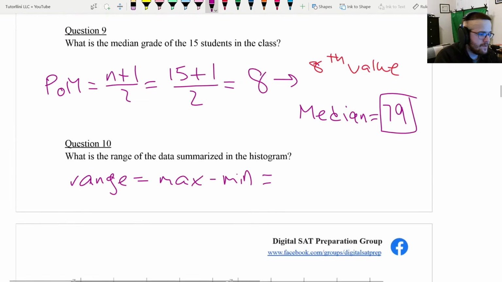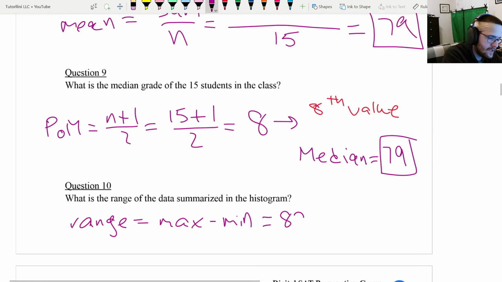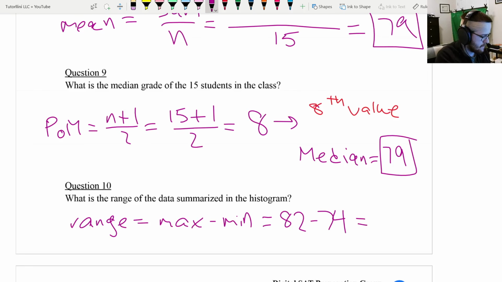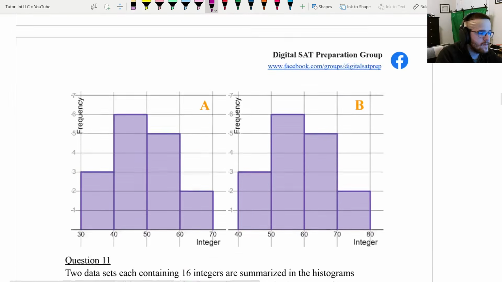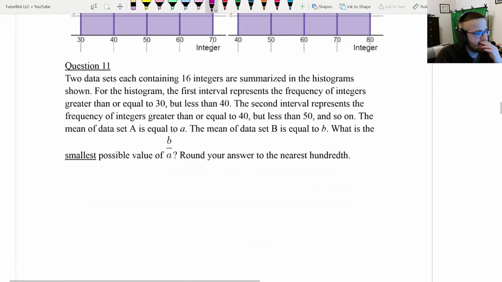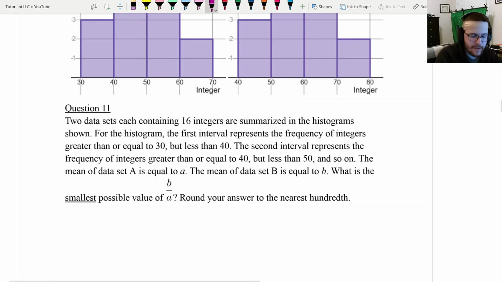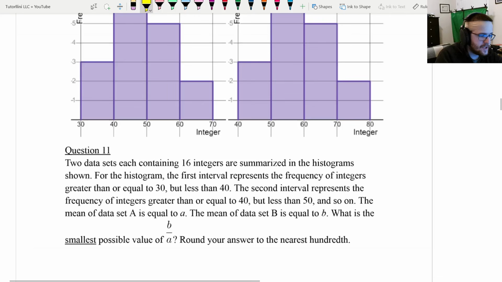So we're going to do 82 minus 74. And that should give us 8. Okay, great. All this nonsense about the include left, exclude right convention, we don't need to worry about that. We know what that is. 16 integers. These are just the same charts we used before, but it's a different question.